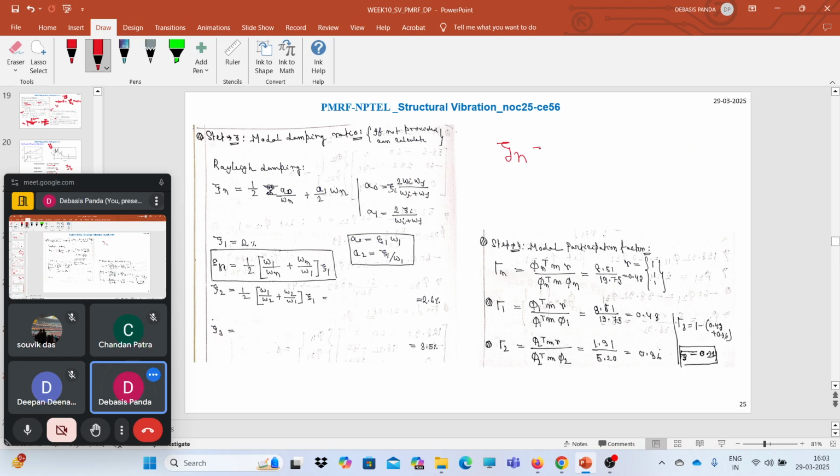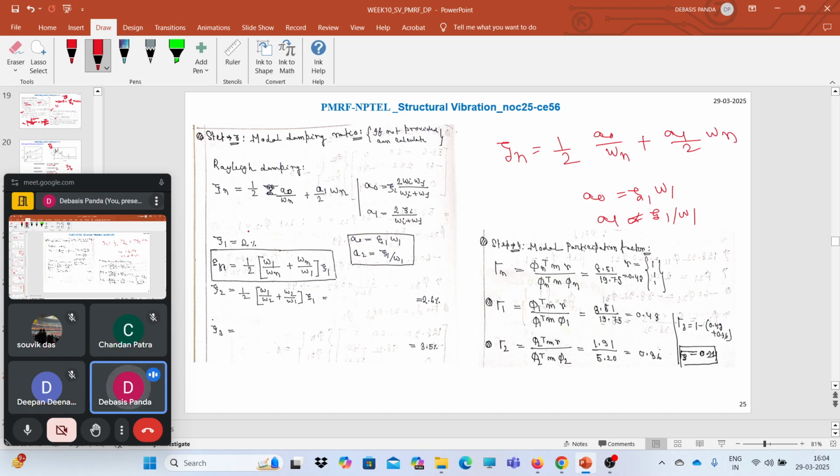Zeta n was half of a0 by omega n plus a1 times omega n by 2. Here a0, the mass dependent coefficient, is proportional to omega 1, and a1 is inversely proportional to omega 1, zeta 1 divided by omega 1.